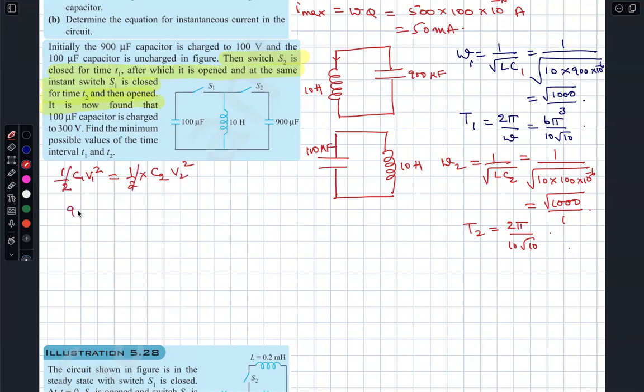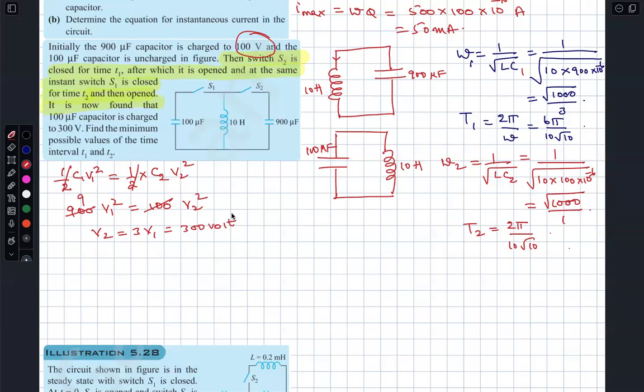C1 is 900 V1 square and it is 100 V2 square. So 9 times V2 square, V2 is 3 V1. V1 you said 300 volts. In that case, this will become 300. Got the point.